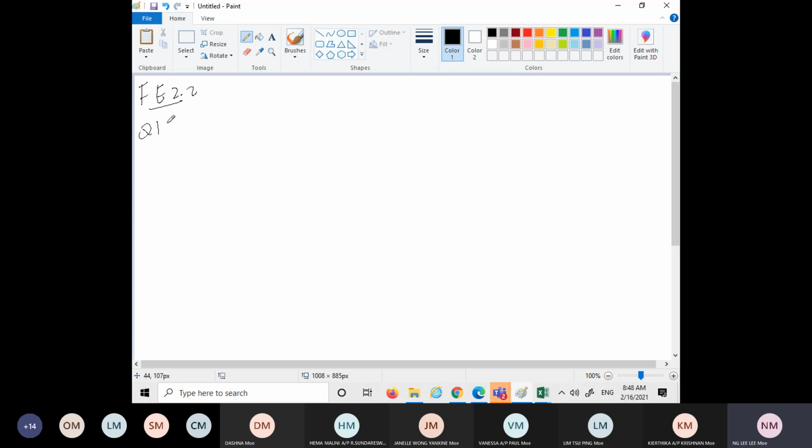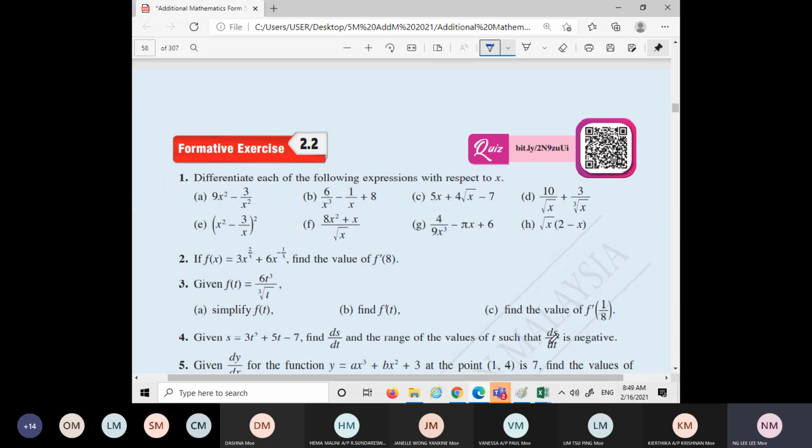Question number 1A: differentiate each of the following expressions with respect to x. Let this be y. I help you. Change this into a negative index. So dy/dx.